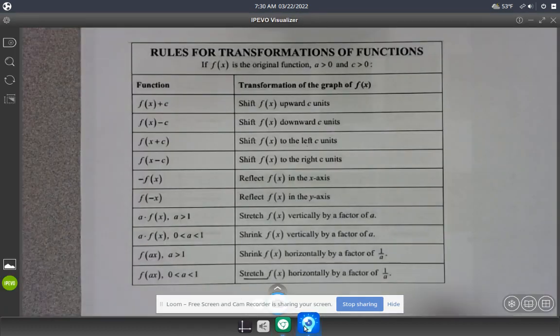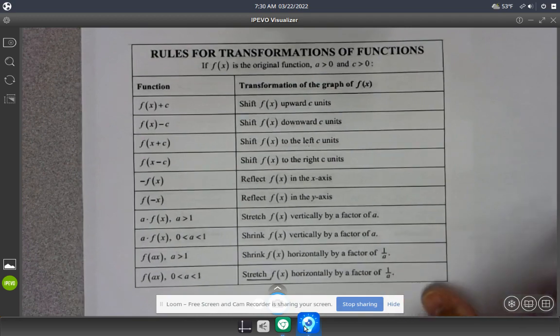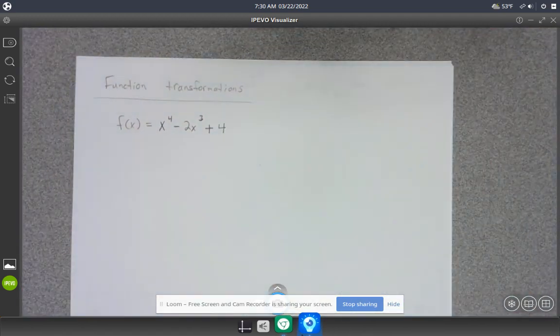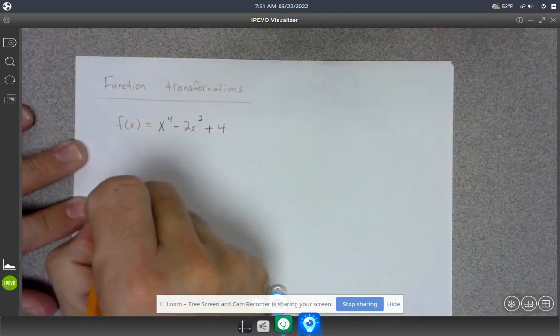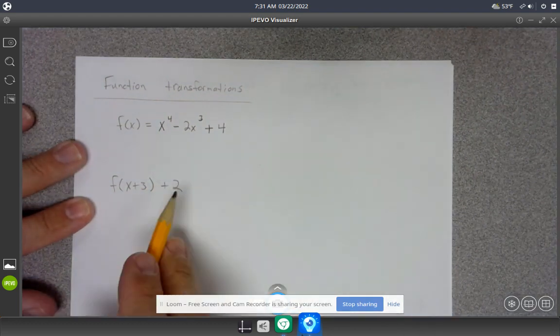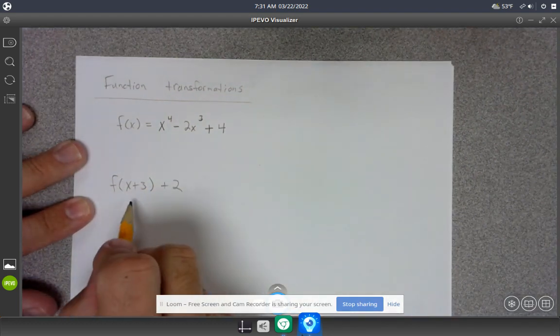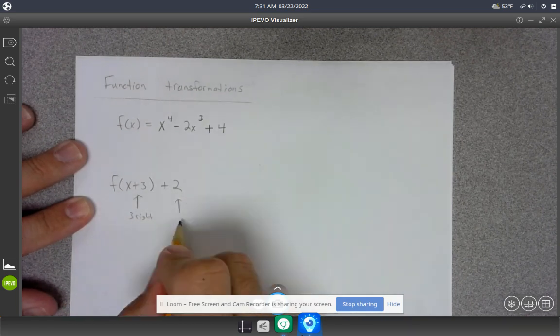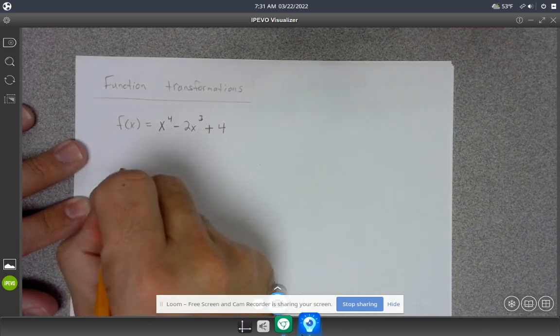Try to illustrate the difference here. So this was that function that we were playing with. And we looked at f of x plus 3 plus 2. And graphically what happened was, this part moved it 3 left, and this part moved it 2 up.